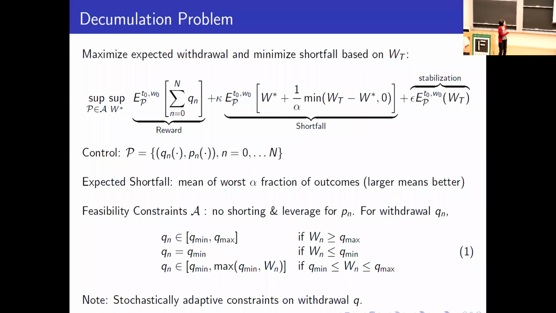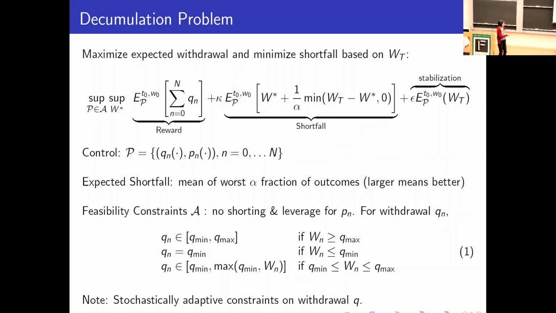Okay, so if the wealth is large enough, I have a range and I can choose to withdraw in this interval. If the wealth is less than the Q min bound, Q min is the lower bound I'm going to withdraw. And if I'm within this interval, I'll allow more leeway: my control can be between Q min and the maximum of Q min and the wealth.